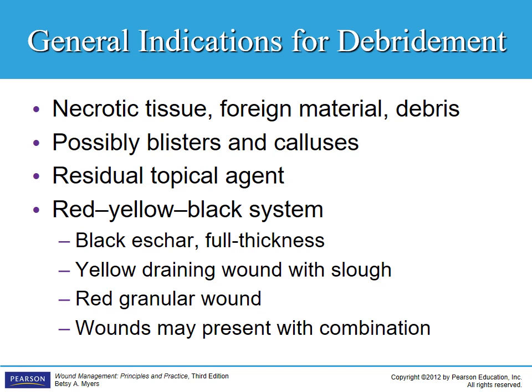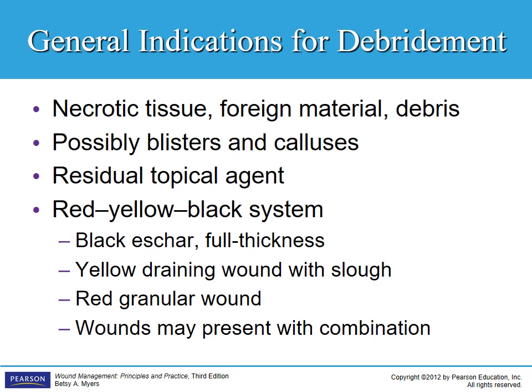And then finally, for the red, yellow, black system, we always want to debride black eschar, especially if it was a full thickness black eschar, we want to debride that off. We want to debride any kind of yellow slough. We do not want to debride a red granular wound. That will be a contraindication to debridement.